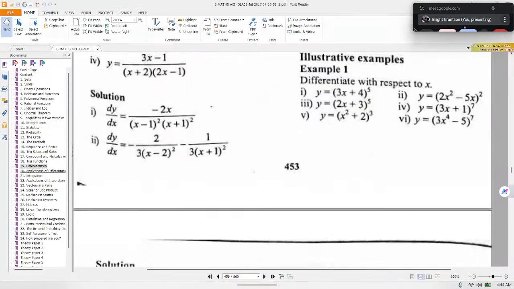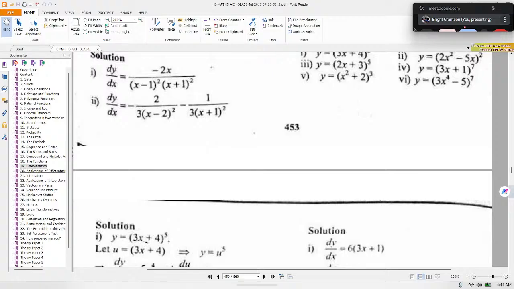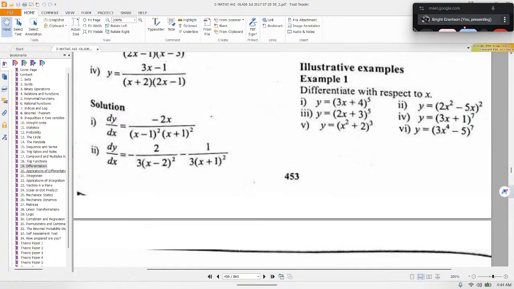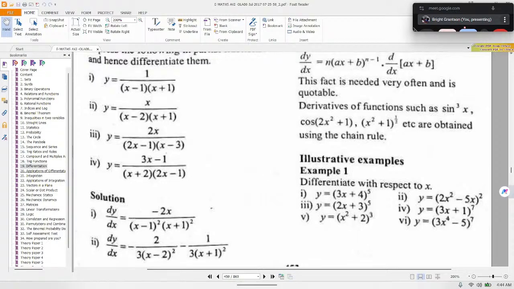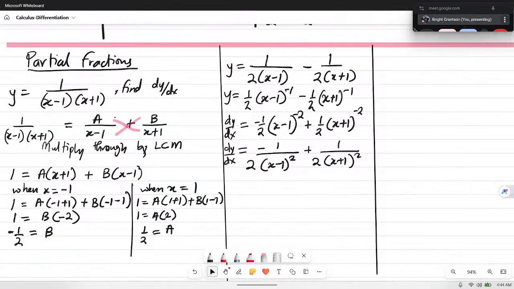So let's go and look at the solution. Wow. Yes, it's a different solution than they had. Okay. Negative 2x over (x minus 1) squared, (x plus 1) squared. I don't know if we did something wrong.